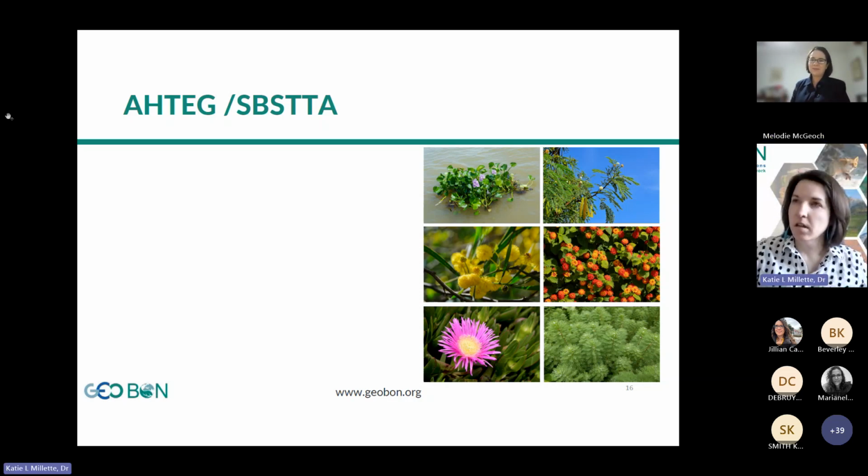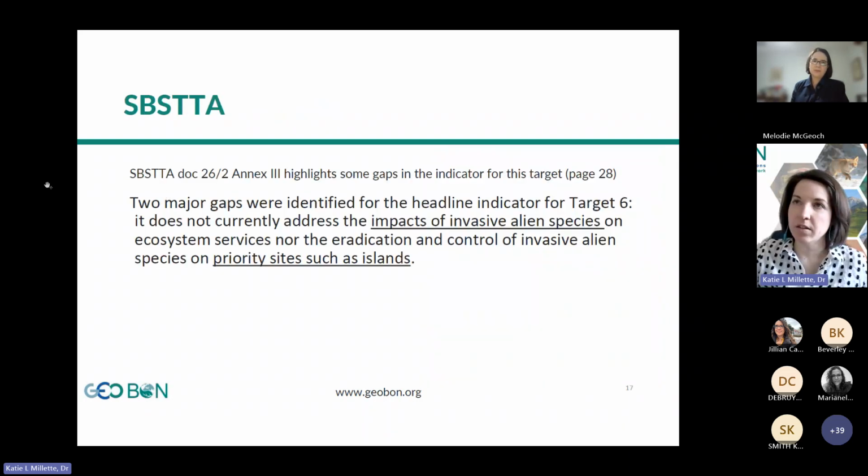Thanks, Nadi. So I'm just going to talk very briefly about the relevance of this information to the newly published ATEG documents ahead of SBSTA. So the first thing that you might be aware of in the Annex 3 of SBSTA document 26/2, it talks about some of the gaps in this indicator. So this is on page 28 of that document.